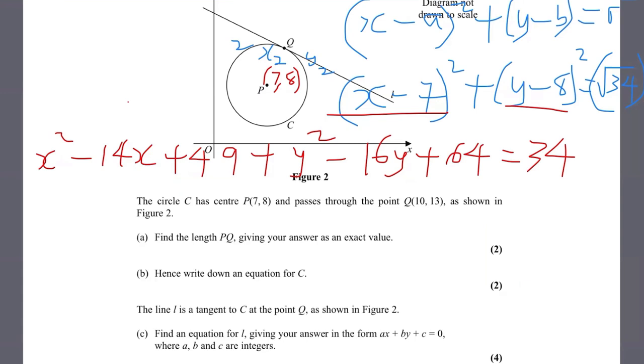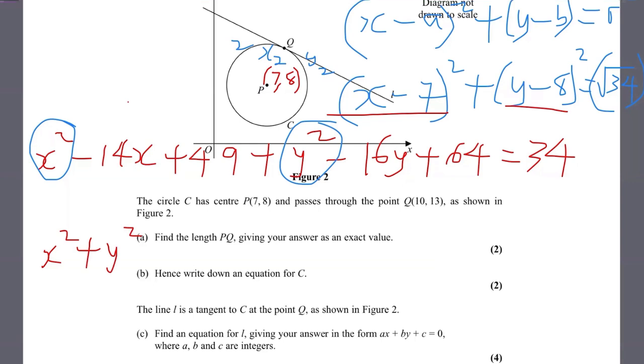So if we bring all these things together, we have picked out the x squared. The next thing is to pick out the y squared, right? Yeah. So we would have plus the y squared.